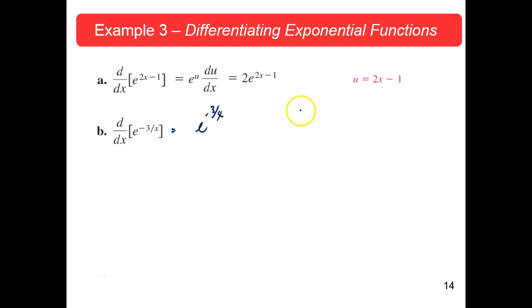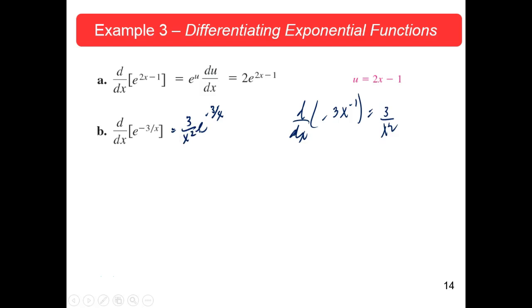What would that be? d/dx of minus 3 over x. We'll write that as minus 3 x to the minus 1, right? And what would that derivative be? 3 over x squared. Okay, so that'd be 3 over x squared.